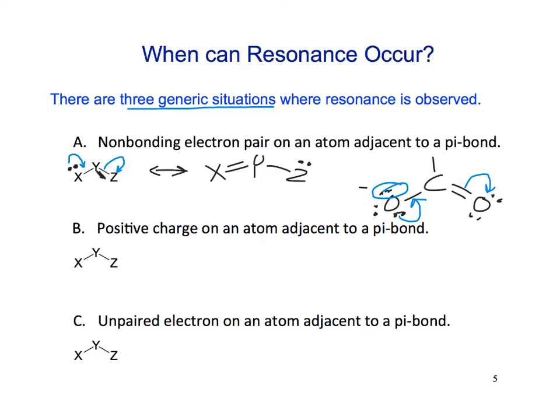Type B is a situation where we have a positive charge on an atom adjacent to a pi bond. Okay, so in this case, we're going to just put a plus charge on X and our double bond going between Y and Z. So in this case, the way we generate our other resonance form is for the electrons in the pi bond to move toward the plus.